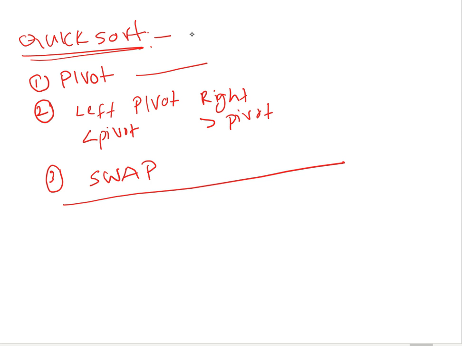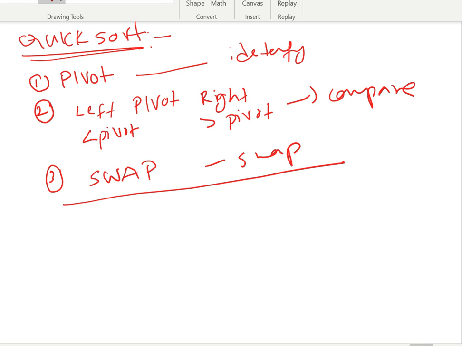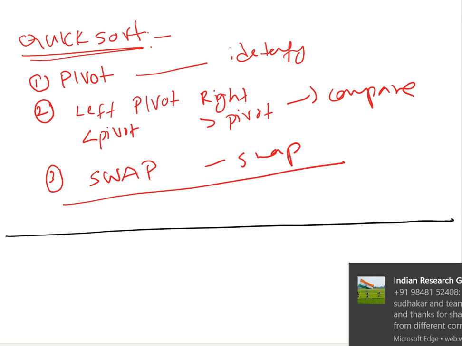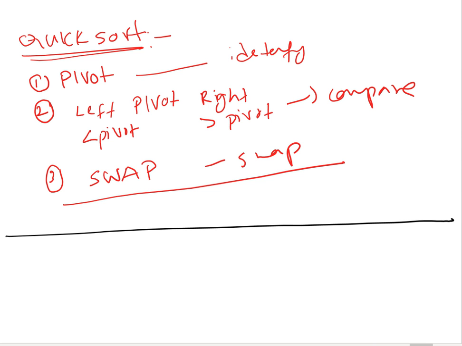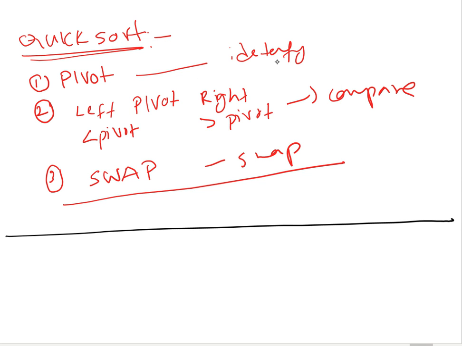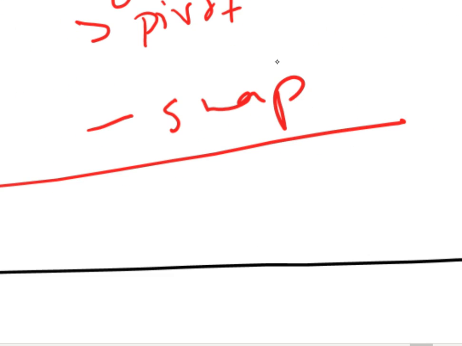So first identify the pivot value, second step is compare, third step is swap. These are the things we need to follow here. Now let me give an example of how to do this. So try to understand clearly. I am taking one example and with that example I am using quick sort for sorting the elements.